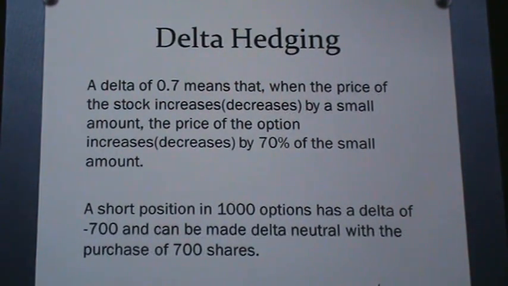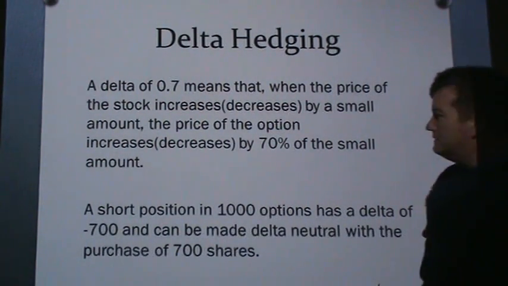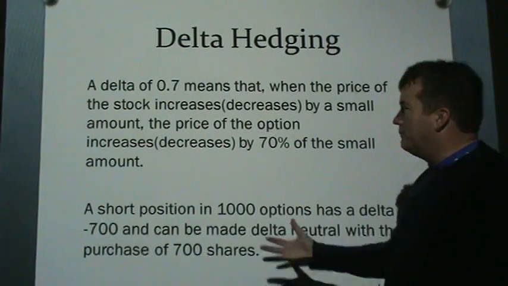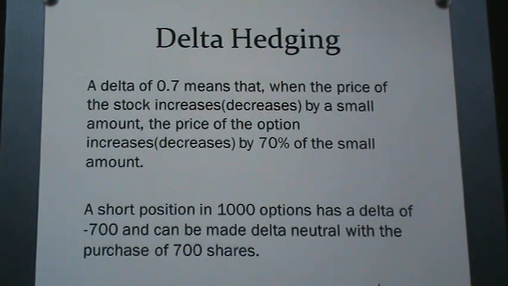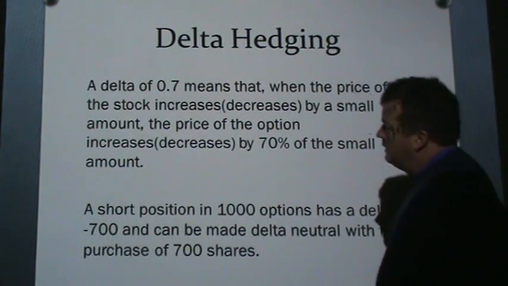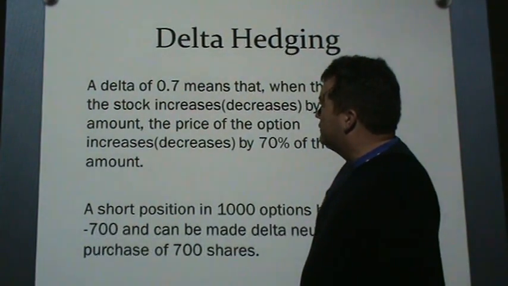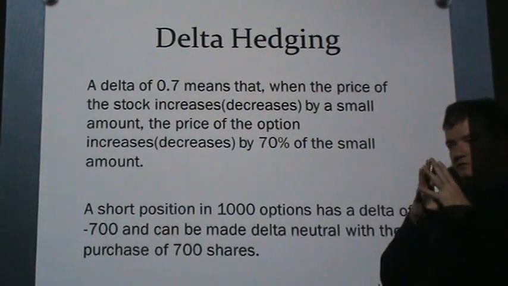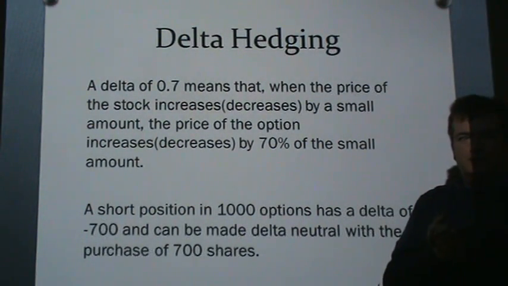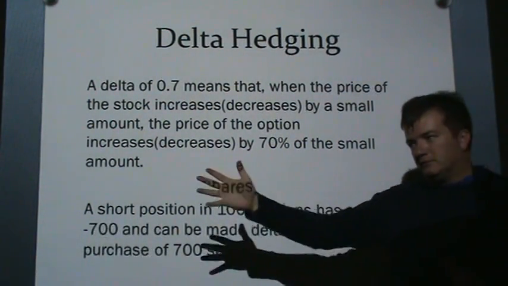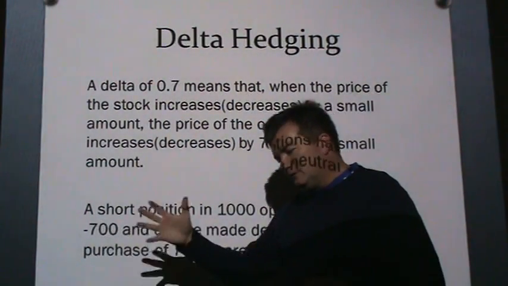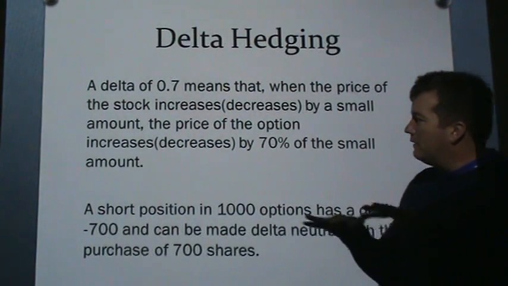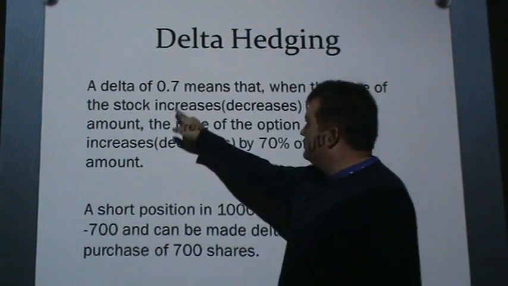Okay. So now, delta hedging, for example, this would be like making use of these Greek letters. Okay, a delta of, say, 0.7. Let's say there's a certain stock, certain call option, certain strike price, amount of remaining time, certain volatility, certain interest rate. And we calculate that delta is currently 0.7.